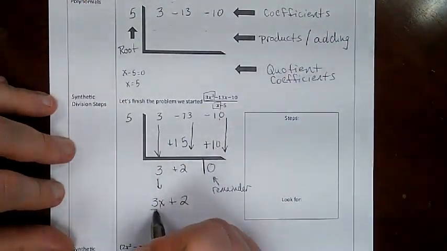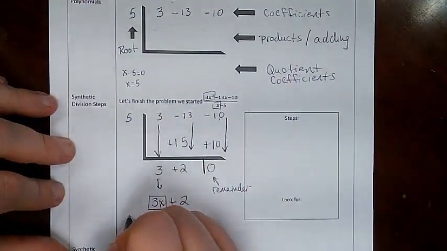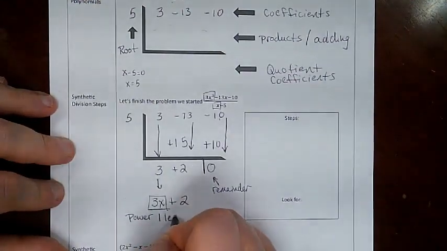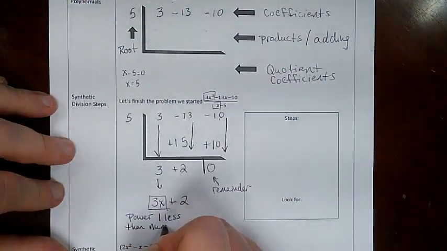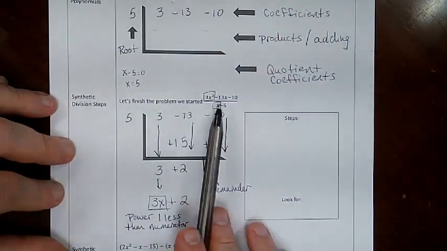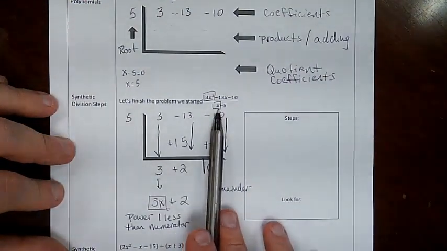Now, just to be clear, this first term of my quotient will always have a power 1 less than my numerator. So my numerator was 3x squared. The first term of my quotient is going to be 3x because this is always going to be an x here.